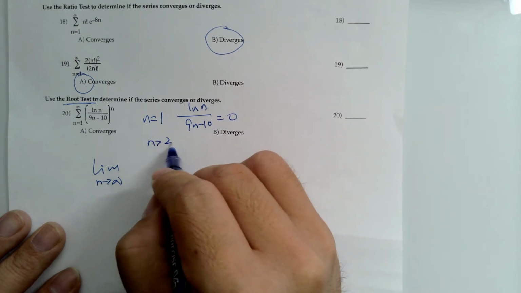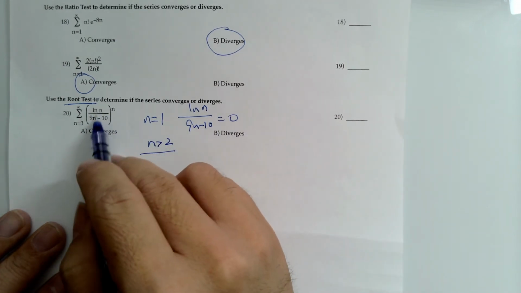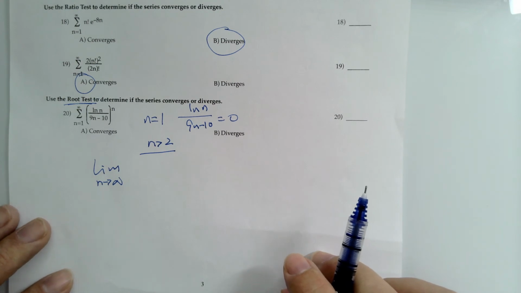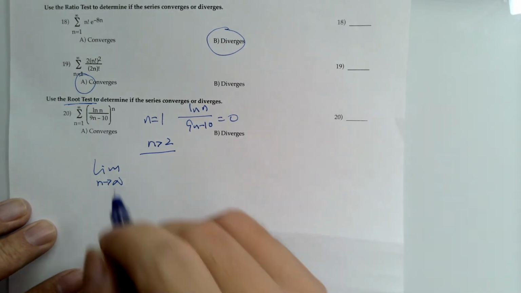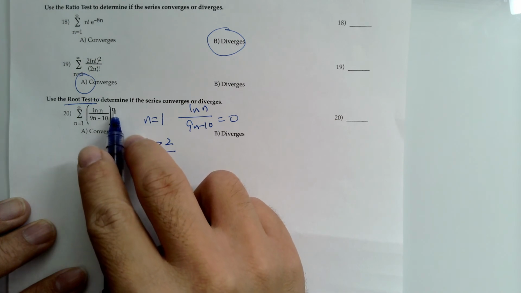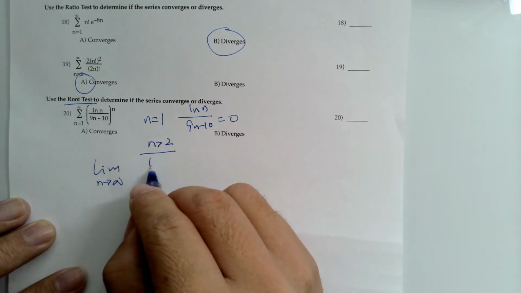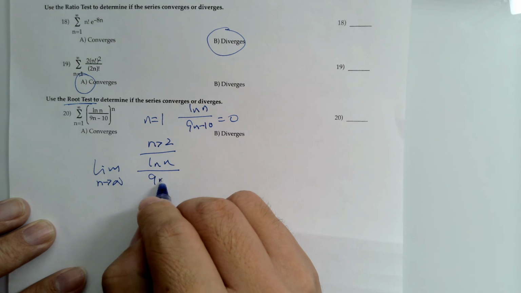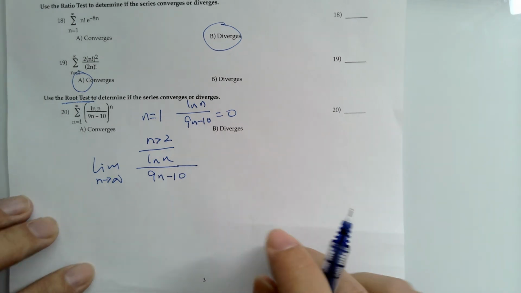When n is greater than 2, you see all the inside of this part is going to become positive. So we're good. So the nth root, and then times this n, it just becomes ln n over 9n minus 10.